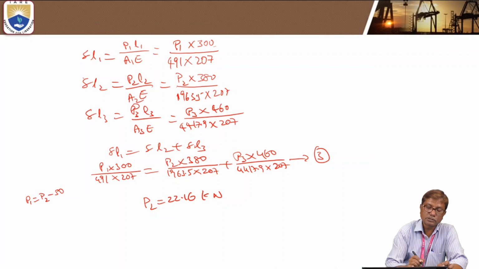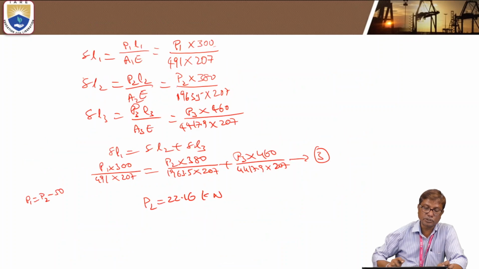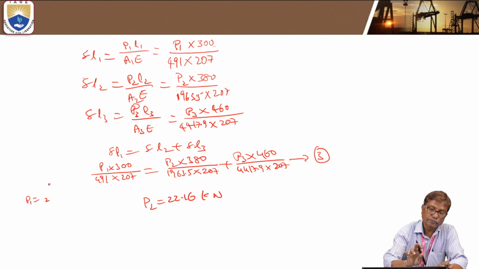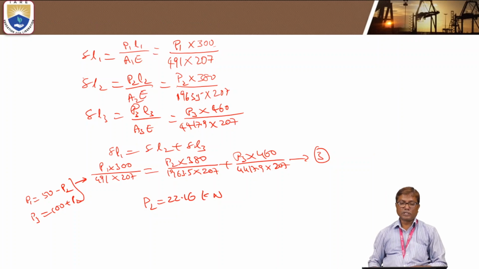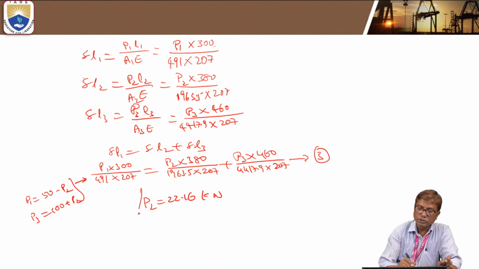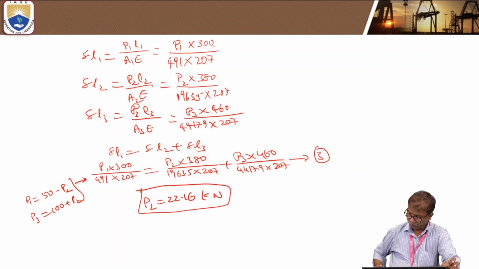Okay. So replacing P1 by 50 minus P2 and P3 by 100 plus P2, by substituting these values, you will get P2 equal to 22.16 kilonewtons. Okay.